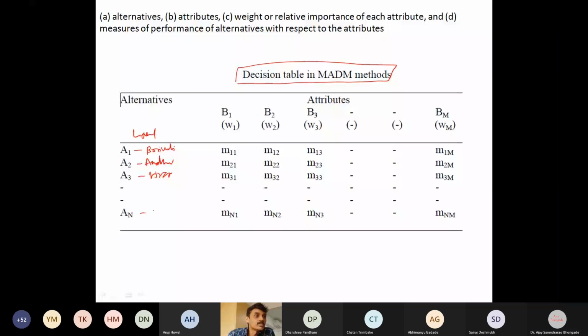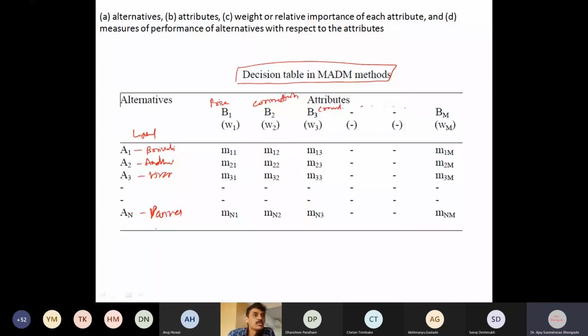Now attributes, again I told you, could be the price, the connectivity, the crowd which is available nearby, what is the possibility there. Likewise, there could be several things.